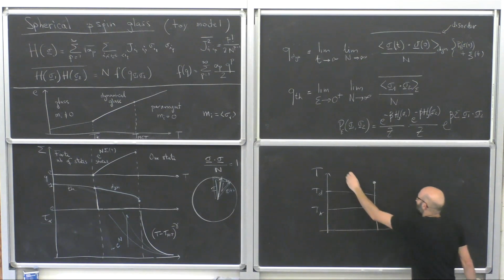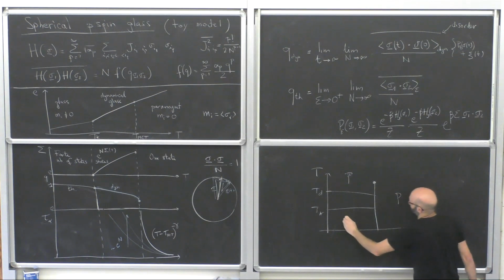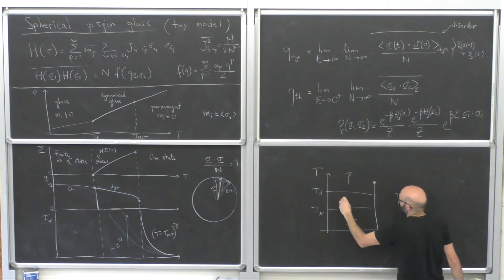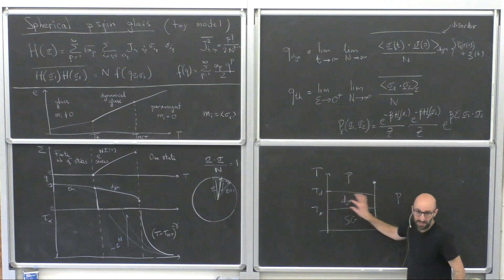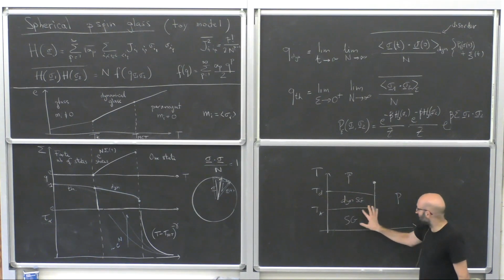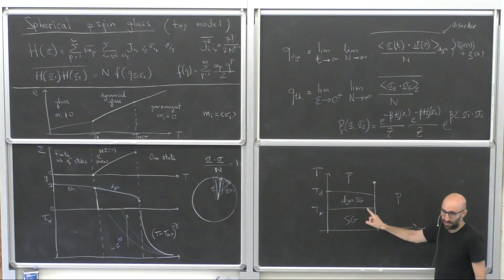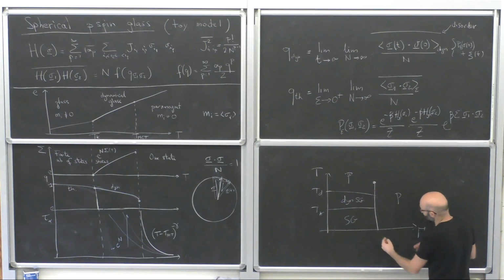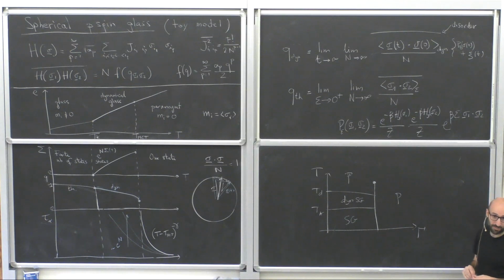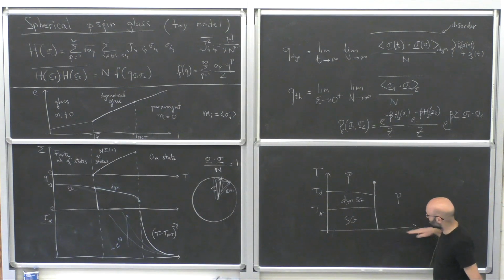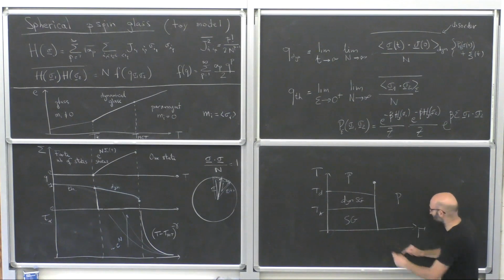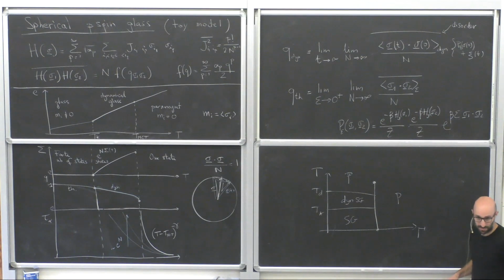So you have paramagnetic, spin glass, and this strange dynamical phase that remains there in a region of transverse fields. And here, it's a first order transition where you have an exponentially small gap. So if you try to do quantum annealing, it fails because here the gap is exponentially small.